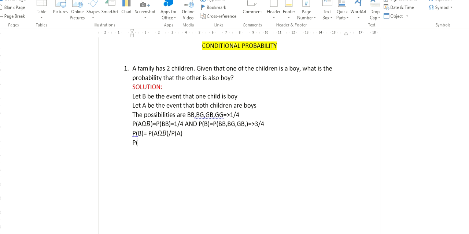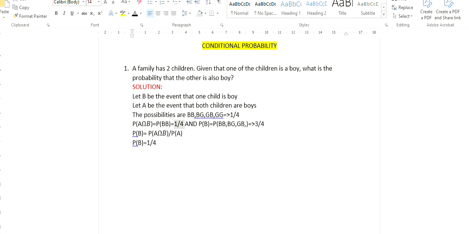What is the probability of A union B? That is 1 by 4. So I am writing this 1 by 4, divided by the probability of A.